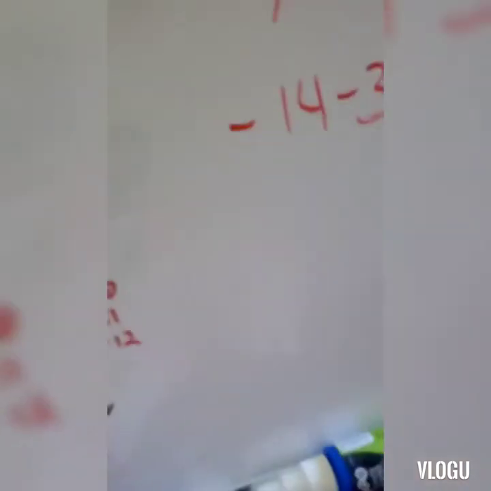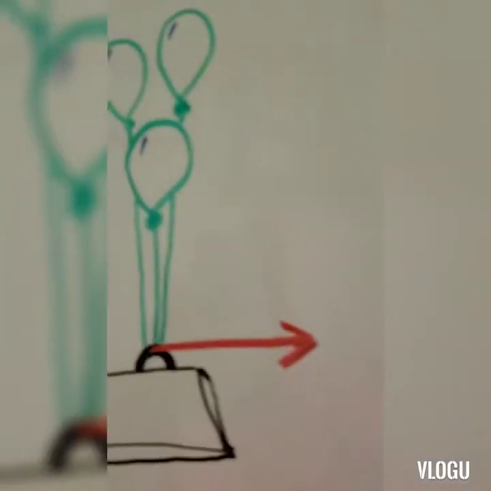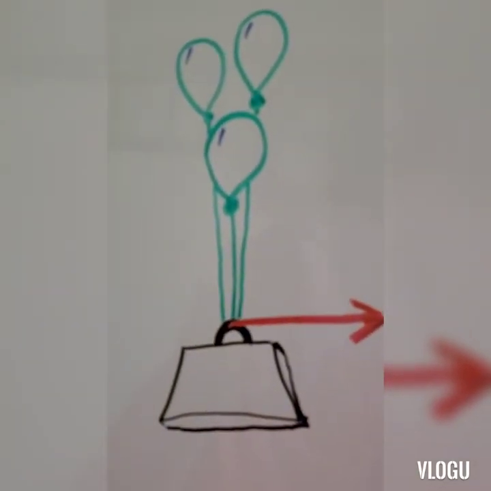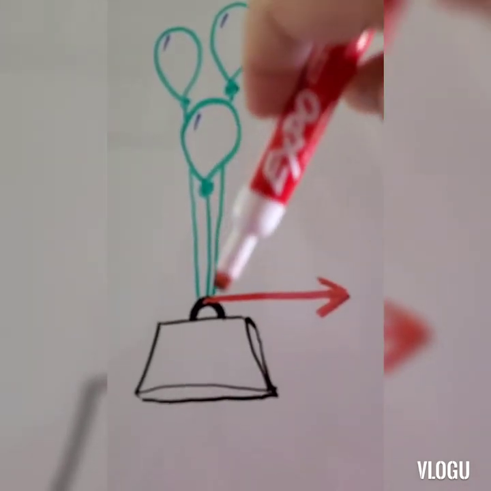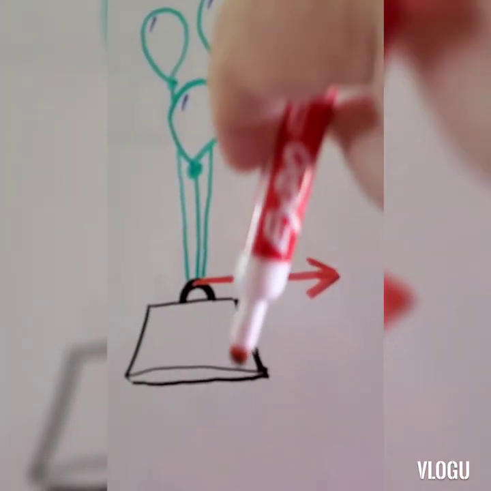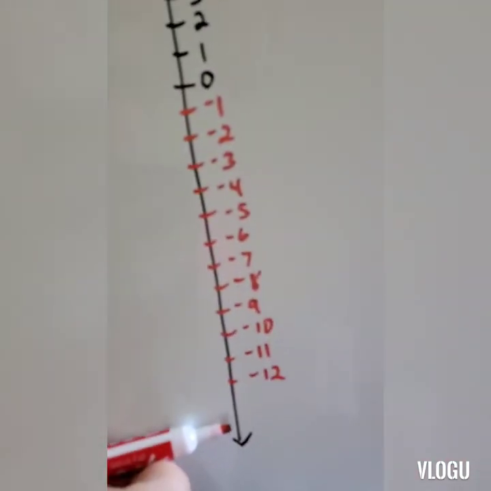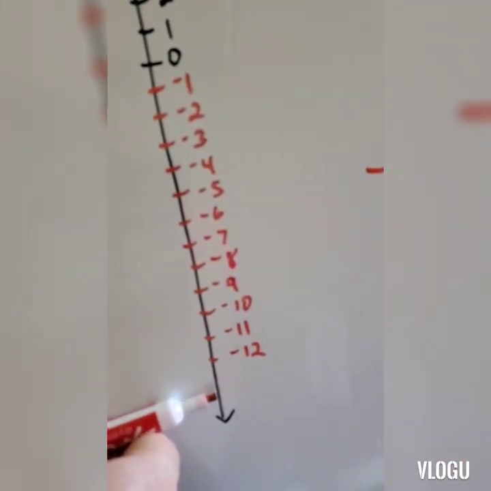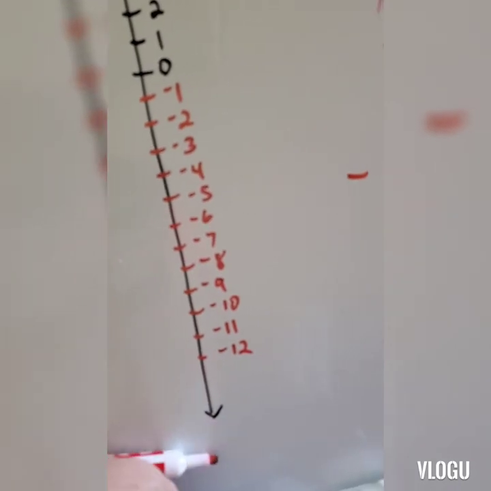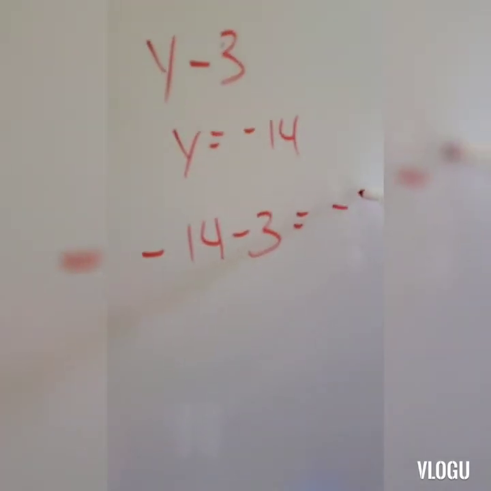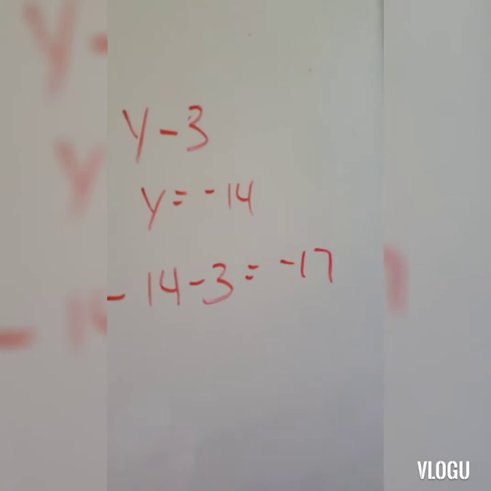If I take away 3, I'm taking away a positive number. I'm getting rid of a balloon, which means my starting number is going to go down the number line. So I'm at negative 14, down 3. 14, 15, 16, 17. Negative 17.